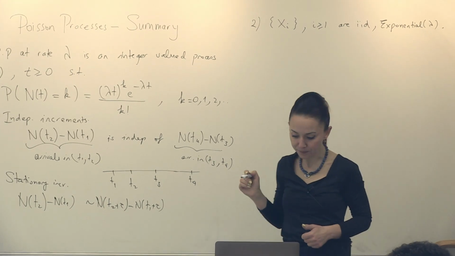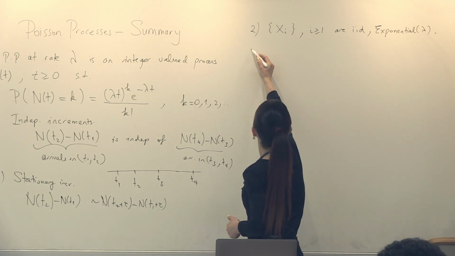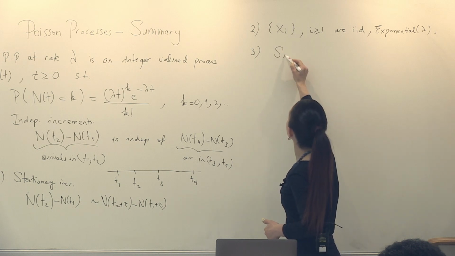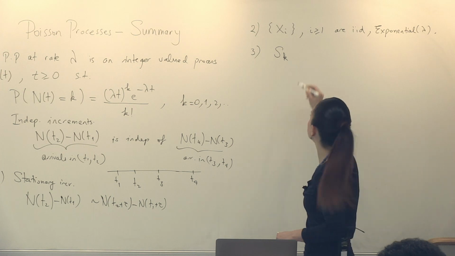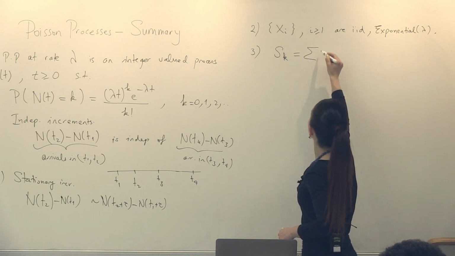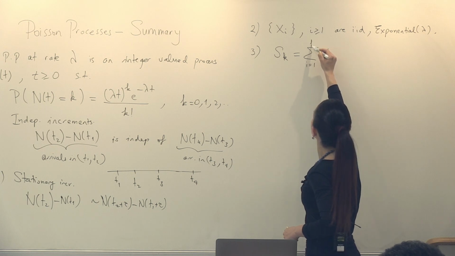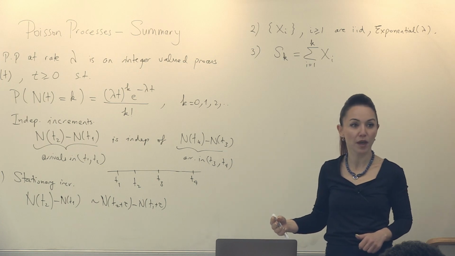And as a consequence of this, if you consider the kth arrival time, the time of the kth event, I can represent this in terms of the summation of the inter-arrival intervals up to k.